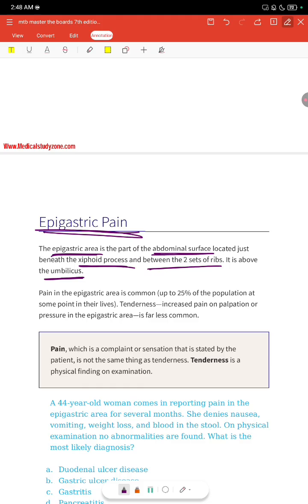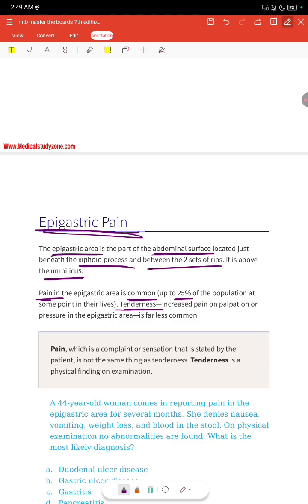So, just beneath the xiphoid process and between the two sets of ribs, this is what we call the epigastric area, but it is above the umbilicus. Now epigastric pain in the epigastric area is common. Up to 25% of the population at some point in their lives experience epigastric pain.